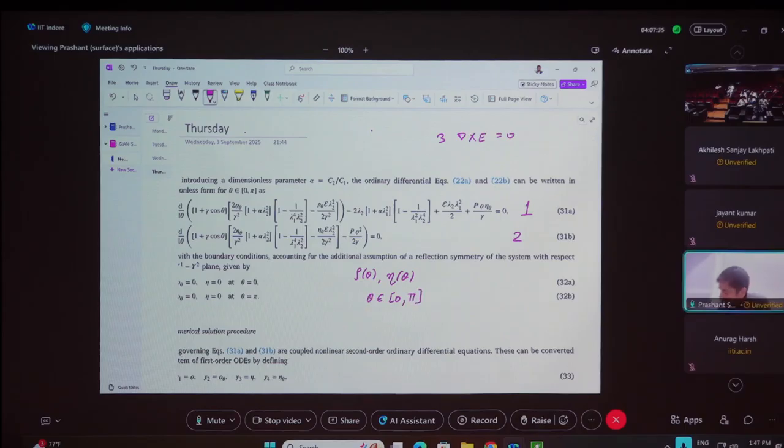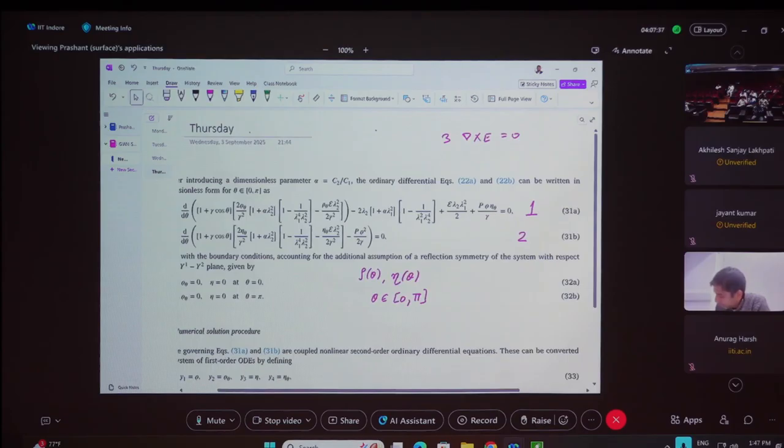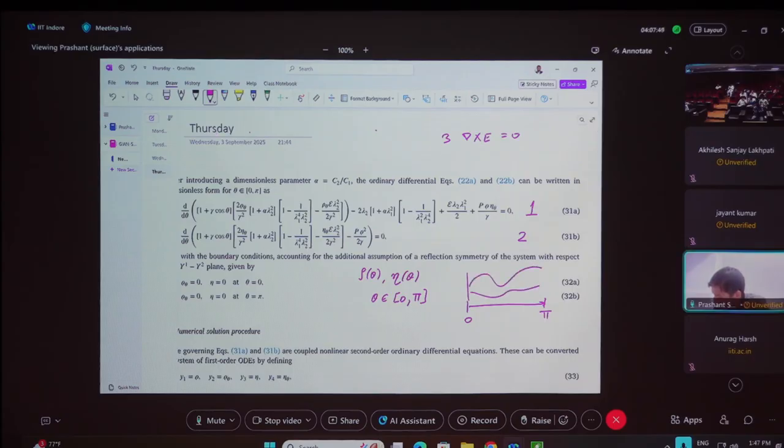So essentially you've got a domain between 0 and pi, and in this domain you want to find two functions, maybe this is what it looks like, rho of theta and eta of theta. You basically want to find these two functions on this domain that satisfy the above two equations.